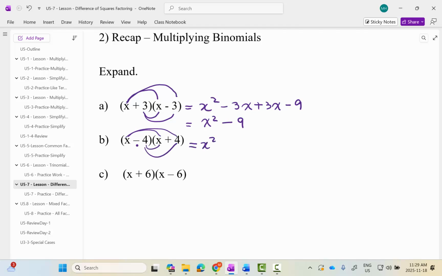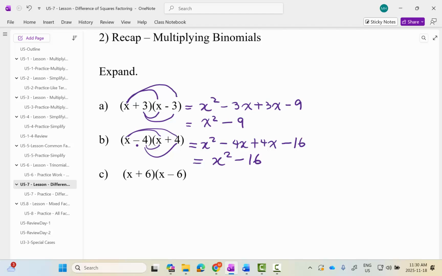X squared minus 4x plus 4x minus what? 16, which gives you x squared minus 16. So notice that when we multiply these two brackets, the middle term disappears. So you only end up with what? The x squared term and then the last constant term.